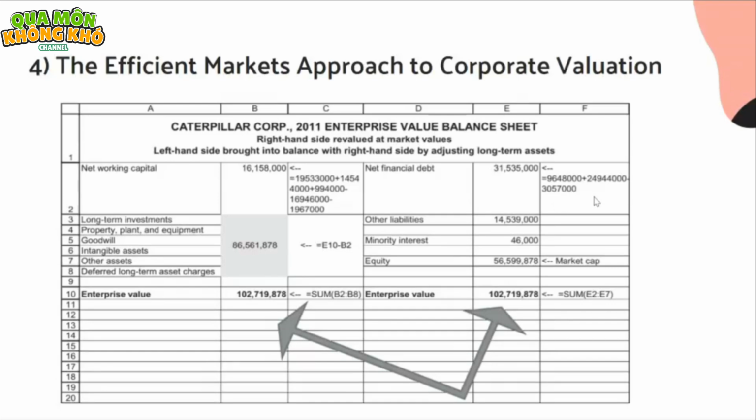Of course, this necessitates revaluation of the balance sheet's left side, assuming that the net working capital value is a reasonable approximation to its market value, to bring this enterprise value balance sheet into balance. To balance the balance sheet, we might recalculate the market value of the firm's long-term assets.